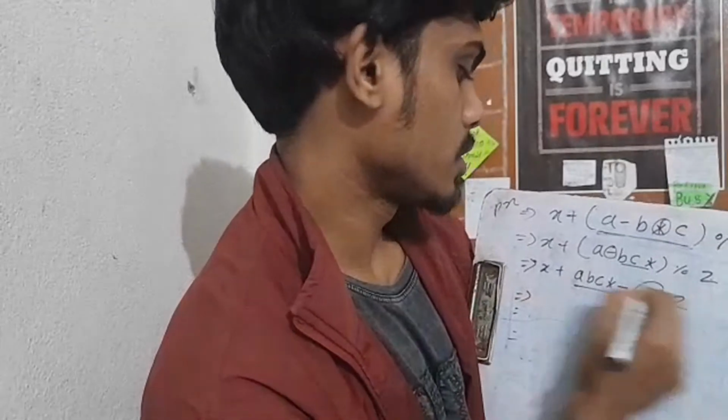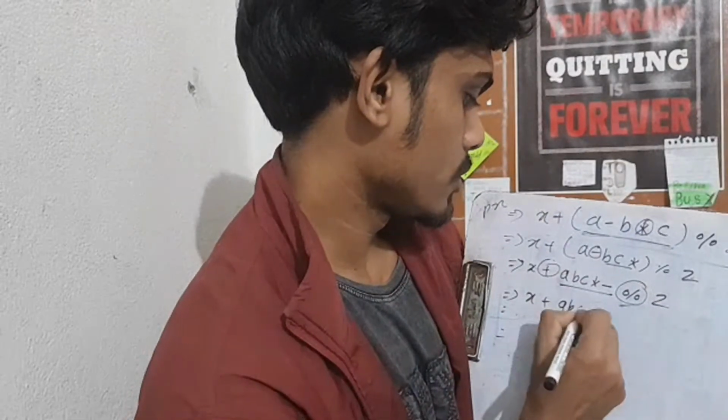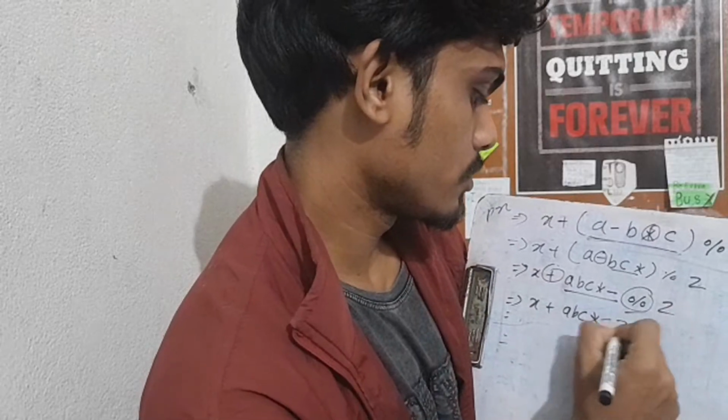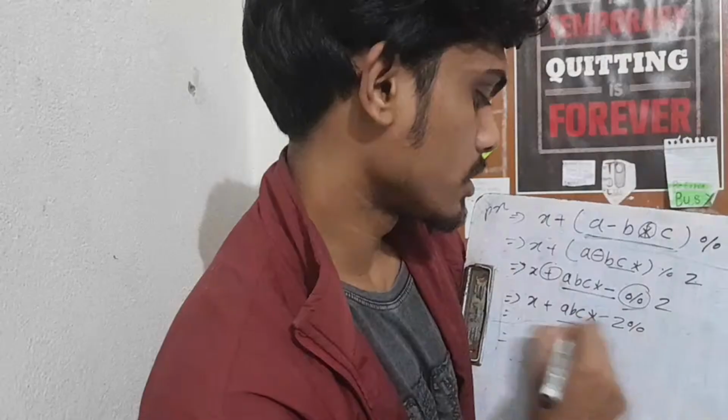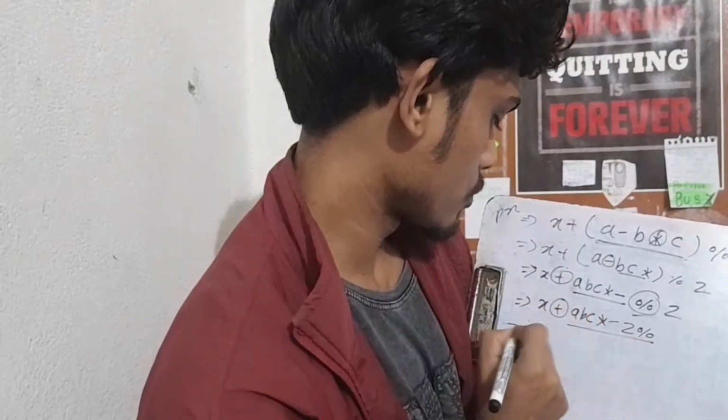Now we have this and this. A b c asterisk minus z and modular. This will be converted into an expression, and we have here an operand.